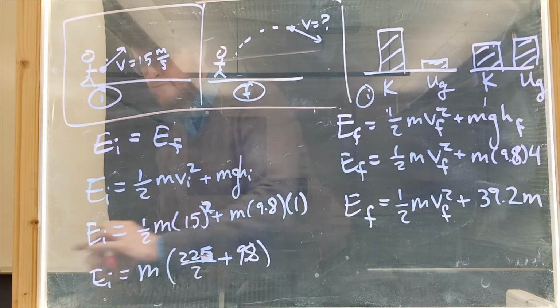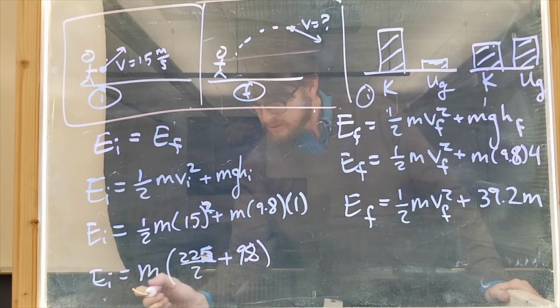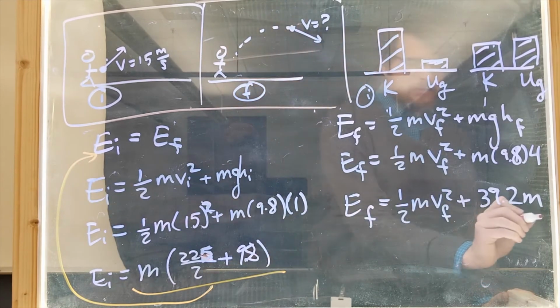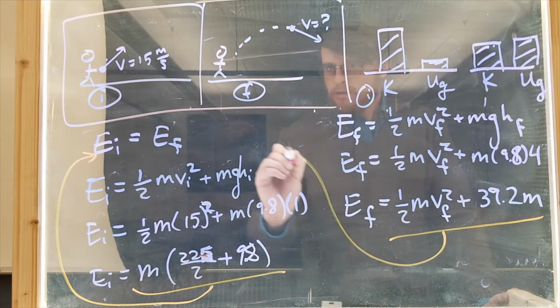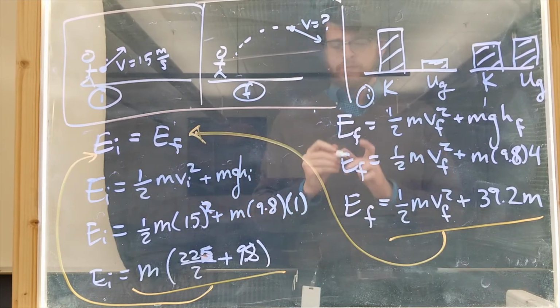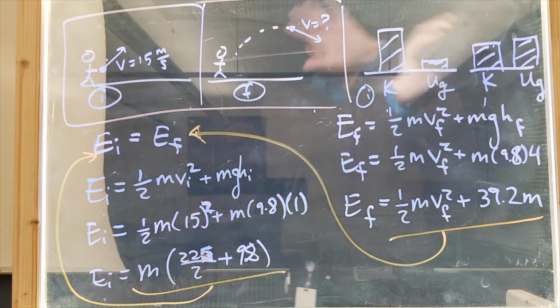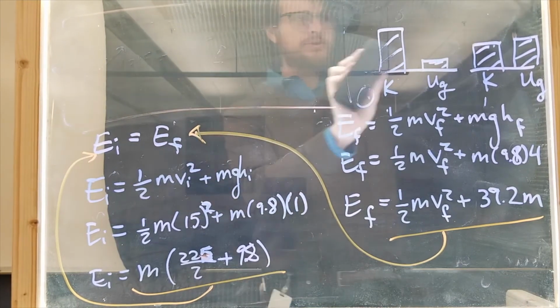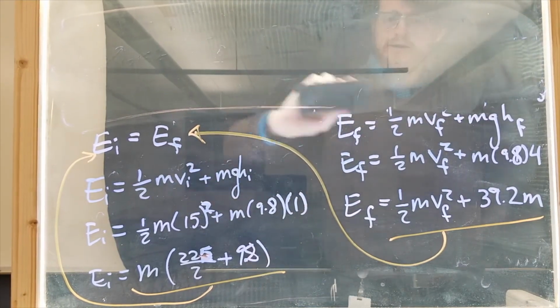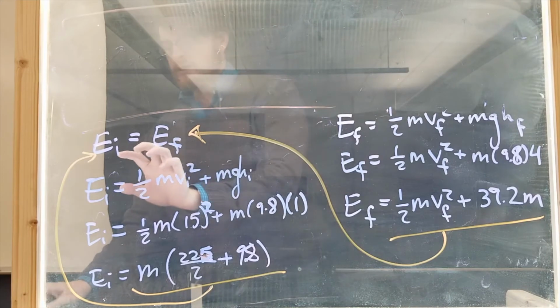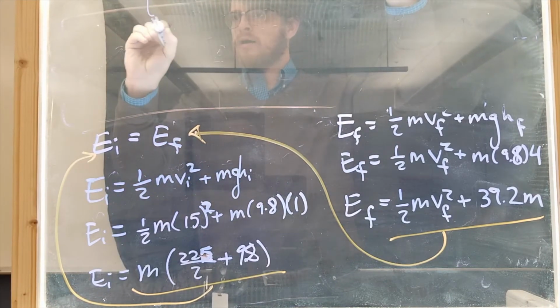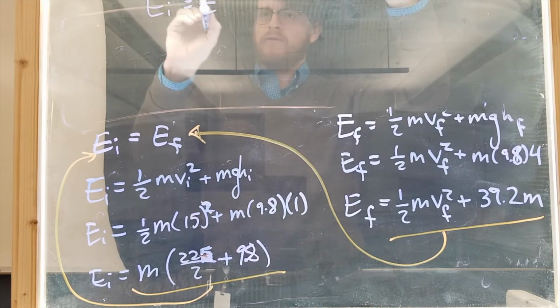So now I'm going to do some algebra. I'm going to take this and plug it in here, and I'm going to take this and plug it in here. In order to do that, I'll get rid of my top diagrams. Now I'm working on E initial equals E final.